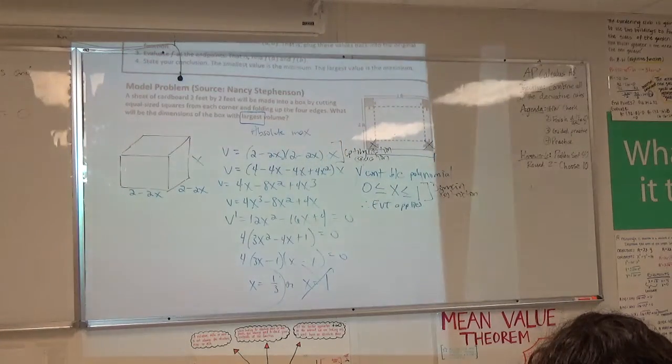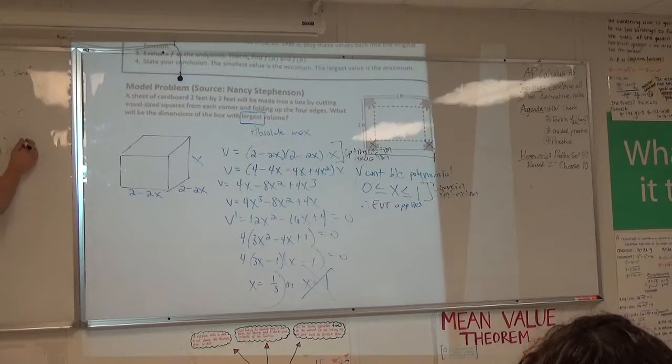Okay, volume at 1/3, you're going to have to do a little bit of work here. 2 minus 2/3, 2 minus 2/3 times 1/3, that's 4/3, that's 4/3, that's 1/3. I think that's 16 over 27. Sure, we'll take it. And if it's not 16 over 27, I don't really care right now.